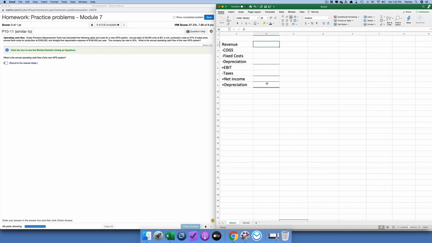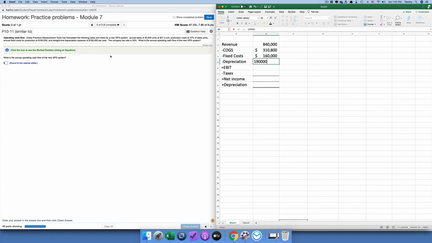Okay, so we've got revenues, which is 40,000 units times $21 a unit, $840,000. Production costs at 37%, so we can just apply our 37% to the revenue to come up with cost of goods sold. Okay, we've got fixed costs of $160,000, and depreciation is $190,000.